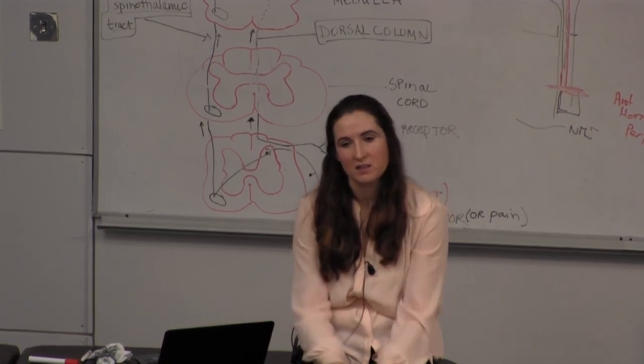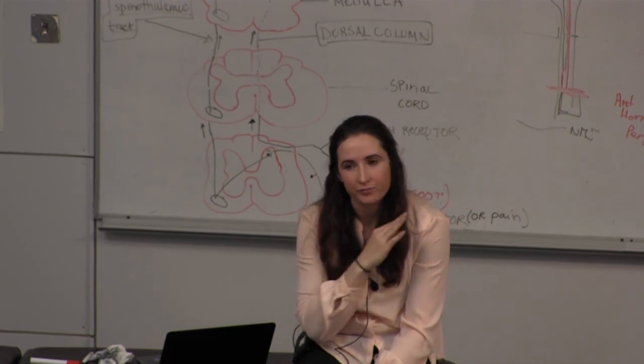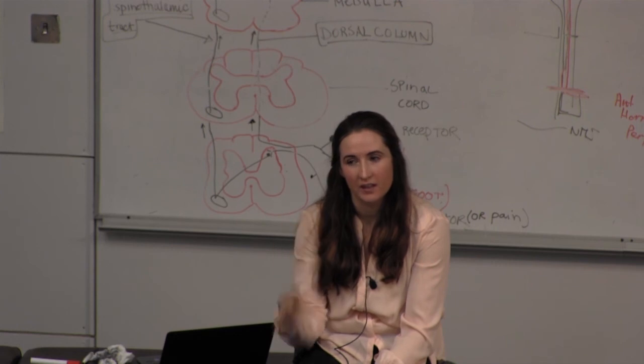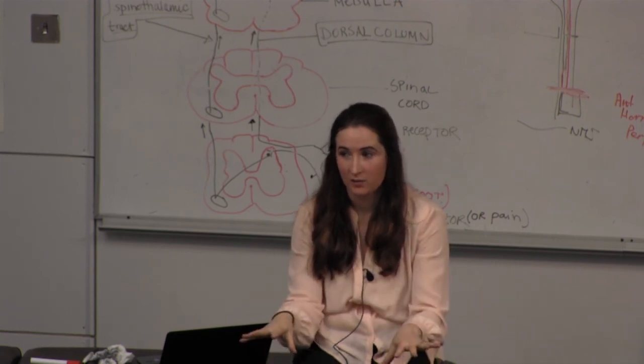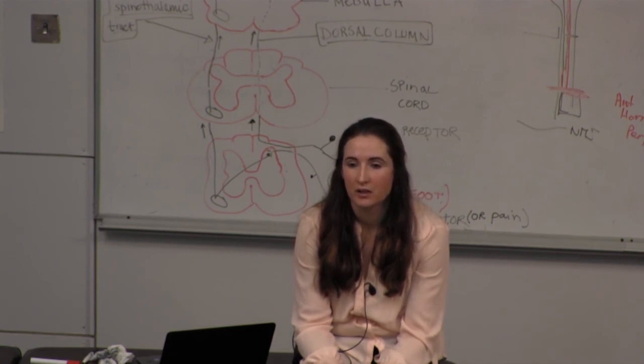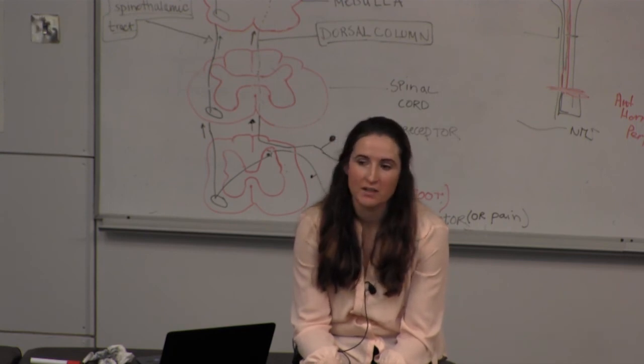Okay, so that's the motor problem that I've got. Weakness, worse in the shoulder girdle than it is in the fingers, okay? Tone-wise, I have decreased tone. Reflexes-wise, I have decreased reflexes. Sensation-wise, I have some loss of sensation, okay?